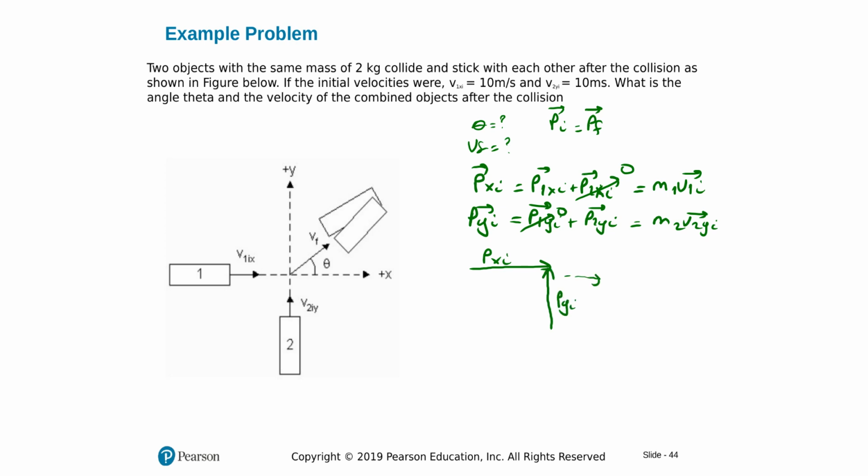If I carry them to one point and draw them, here's what I'm going to have. And you guys want to do this, carry them to one point so you can see what is your total momentum. The total momentum should be in this direction here.